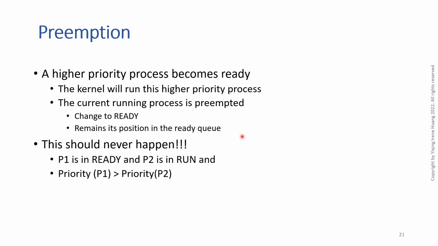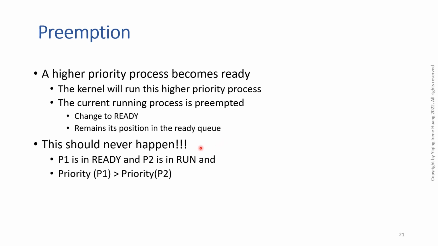And what happens to the ready queue? The process which gets preempted will remain at its position in the ready queue. It will be at the front of the ready queue because it was running, and now it's taken off the CPU, so it is ahead of all the other processes within the same priority in that ready queue. So it should be put at the front of the ready queue if it is preempted.